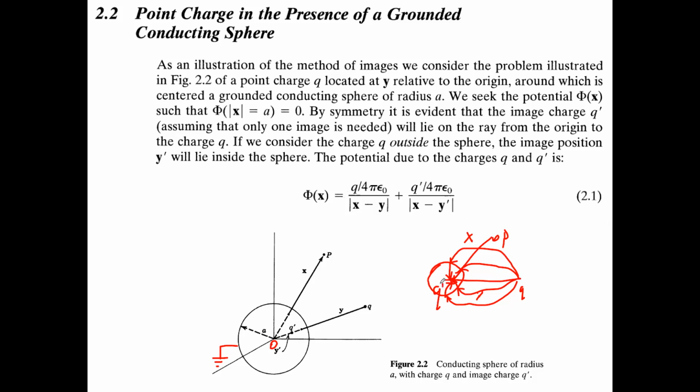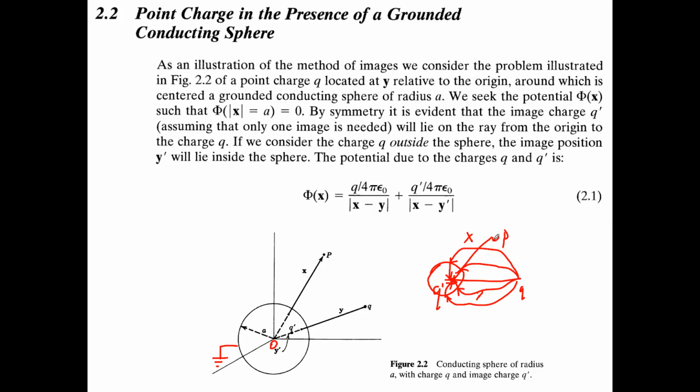We know Q prime should be a negative charge if Q is a positive charge. Let's say Q prime is here and Q is here. We want to calculate the potential at position P, where the vector from the origin to P is X. First we calculate the potential generated by Q, then the potential generated by Q prime, and then sum them up to get the final potential at this point. The reason you can sum them is, again, the principle of superposition.